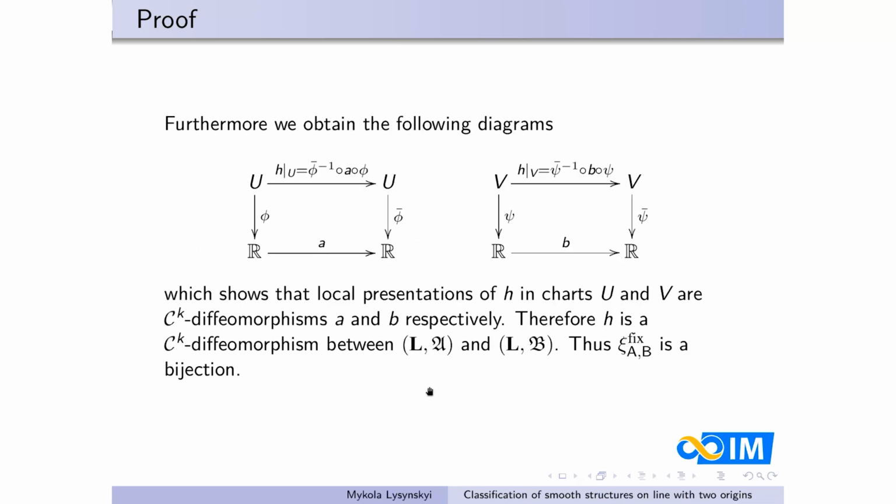Furthermore, we obtain the following diagrams when we first restrict h to U and to V. We obtain that the local representation is essentially a, and the local representation of the restriction is b, which shows that the local representations of h in charts U and V are the C^k diffeomorphisms a and b respectively. Therefore, h is a C^k diffeomorphism between these two smooth structures on L. Thus, the map is a bijection.